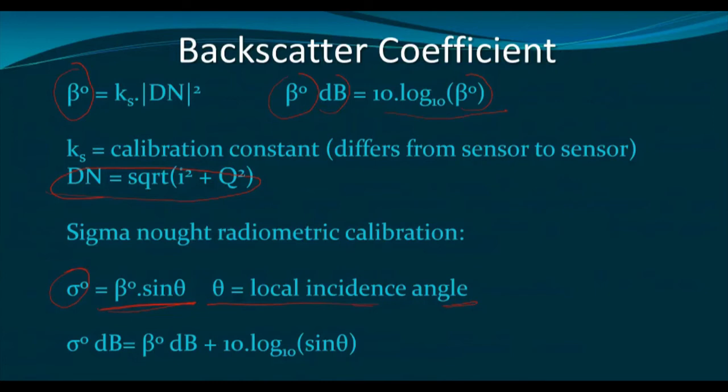So while we are going for radiometric correction with the sigma naught, the local look angle influence will be minimized. Anyway, the sigma naught value in decibel can be determined with the beta naught in dB plus 10 log 10 sine theta.